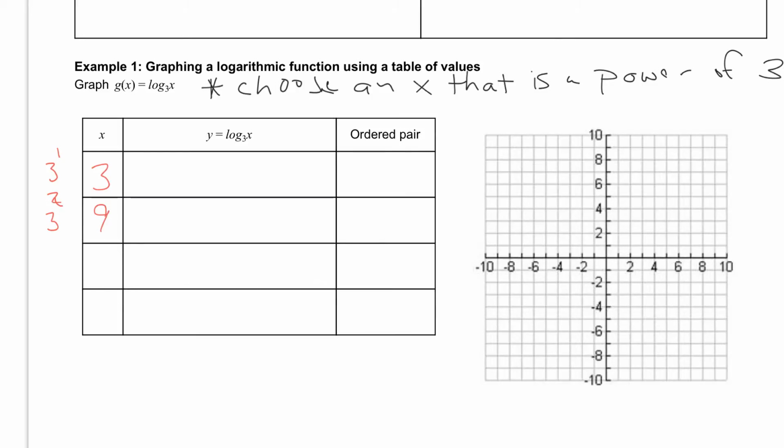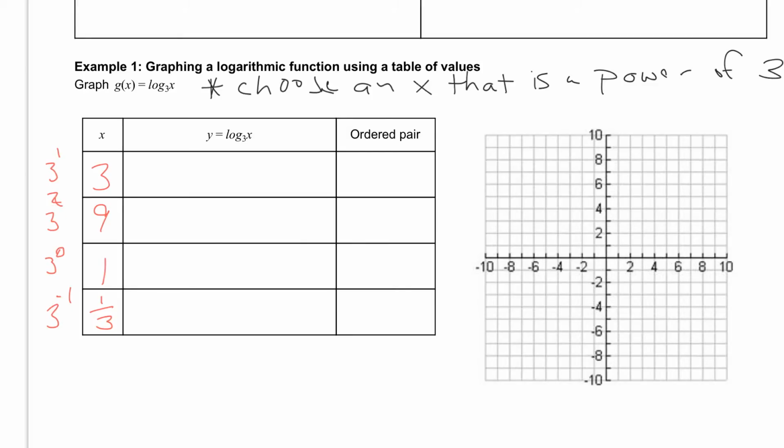If we do 3 to the third power, that x value would be 27, and that would be off of our graph. Now we can also go in the other direction. We can think of 3 to the 0 power, well that's 1. And then maybe 3 to the negative 1, which is a third. These are all x values that we can find the log of because of our base. So you always want to find powers of the base that you have.